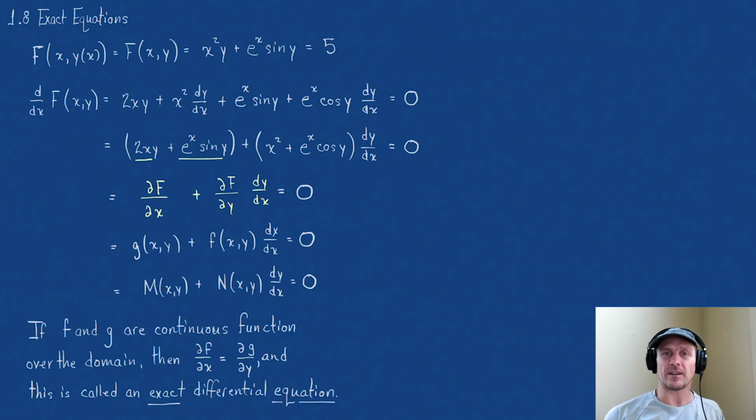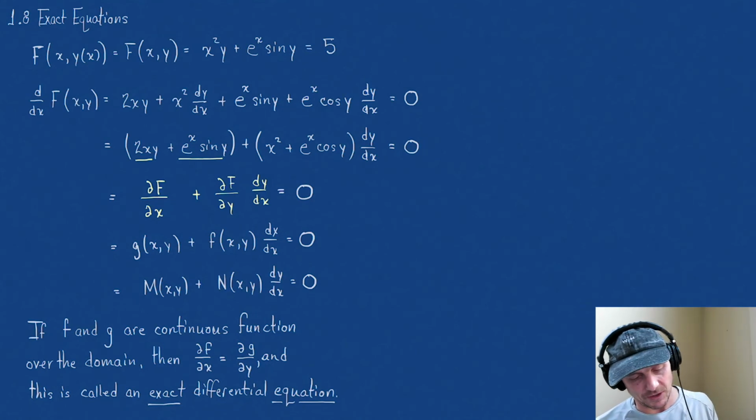So let's just check and see if in fact we do have an exact differential equation. Let's take the partial of f with respect to x, and let's see what we get.